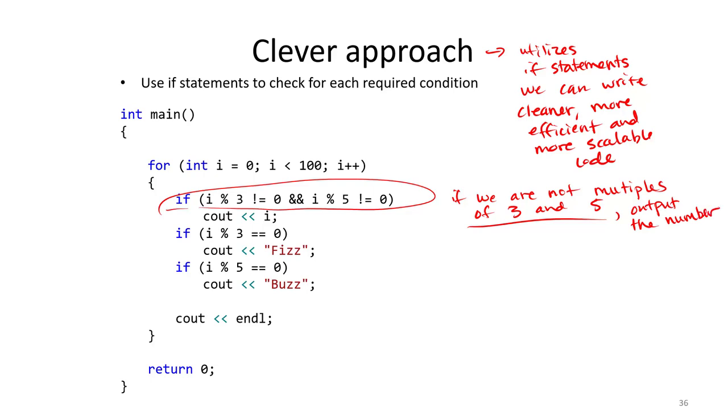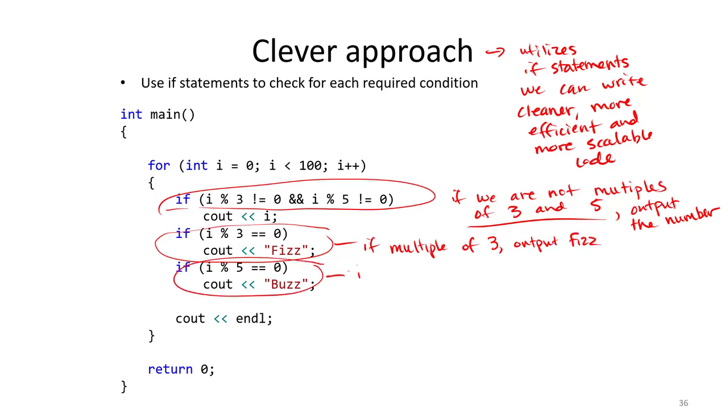Notice if we're a multiple of 3, output fizz. And if we're a multiple of 5, output buzz. Well, wait a minute.